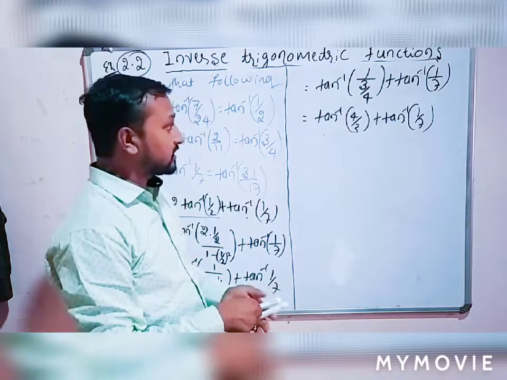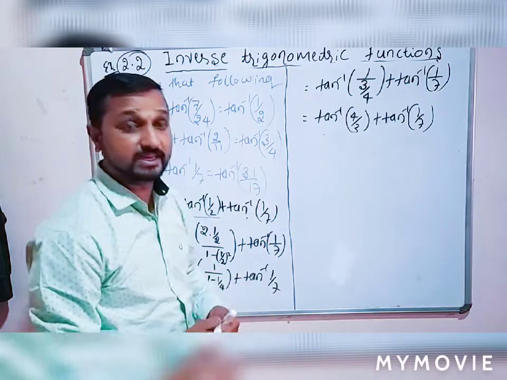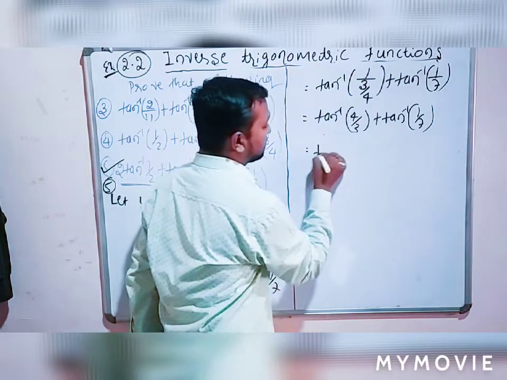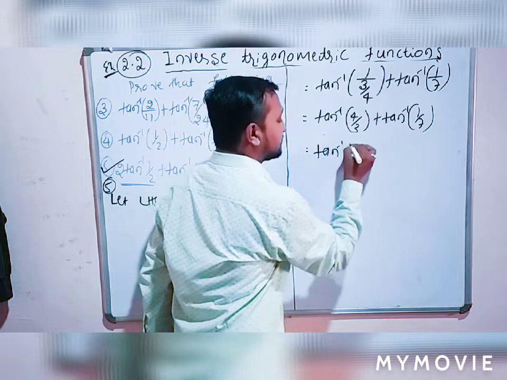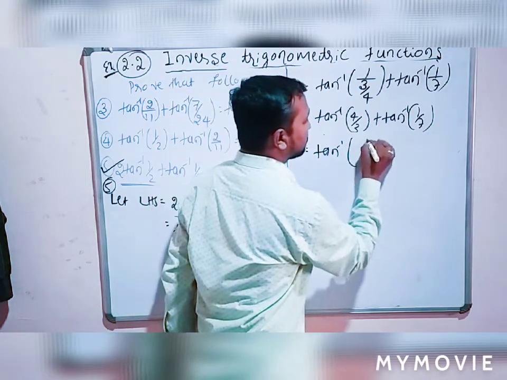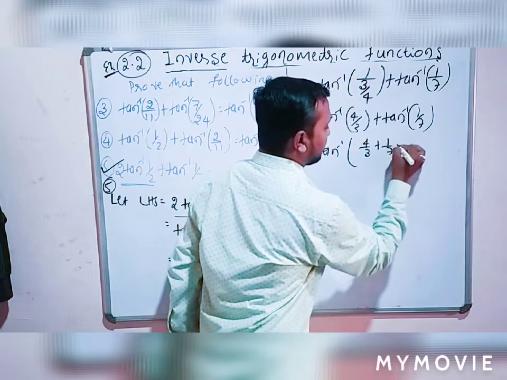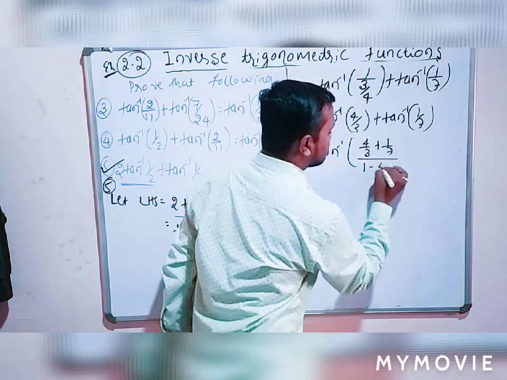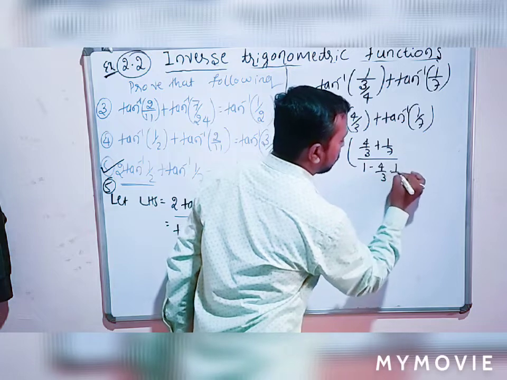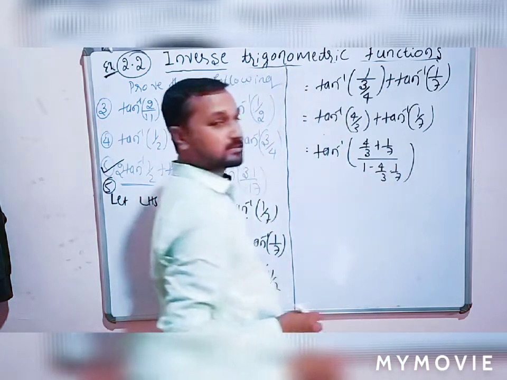Then solve. So what is the formula for tan inverse of x plus tan inverse of y? That is equal to tan inverse of x plus y divided by 1 minus x into y. Here x is 4 by 3 and y is 1 by 7, so tan inverse of 4 by 3 plus 1 by 7 whole divided by 1 minus 4 by 3 into 1 divided by 7. Is it right?